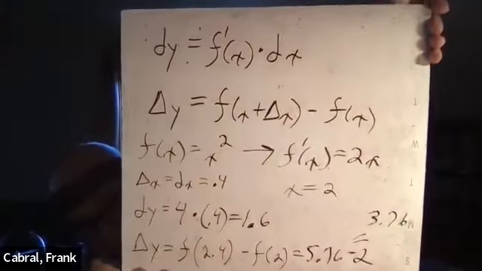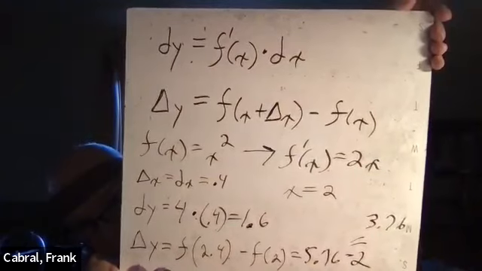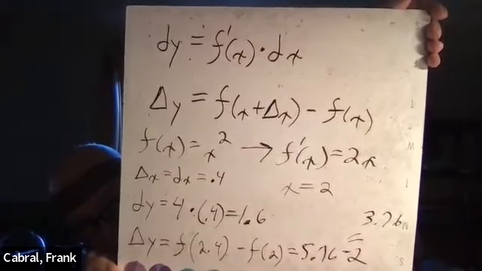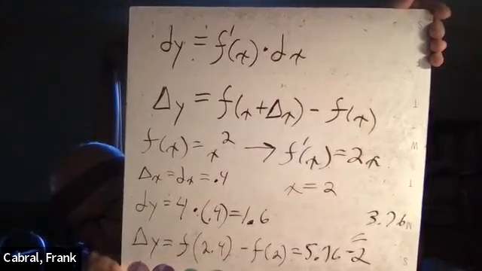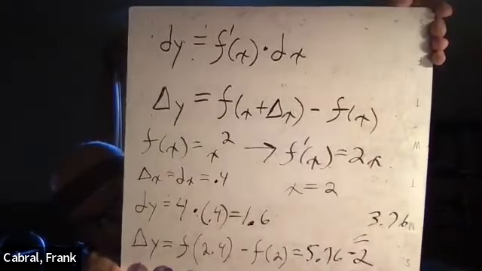So the difference between dy and delta y, you can see dy is 1.6 and delta y is 3.76. Now, this is just one simple example. I would suggest that you pull up some YouTube videos.